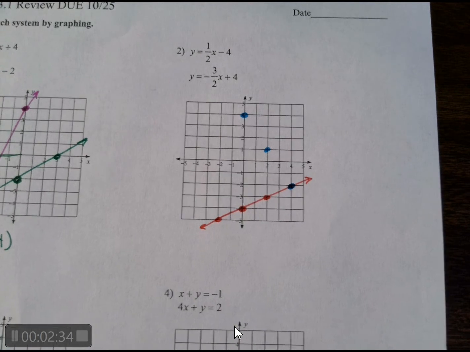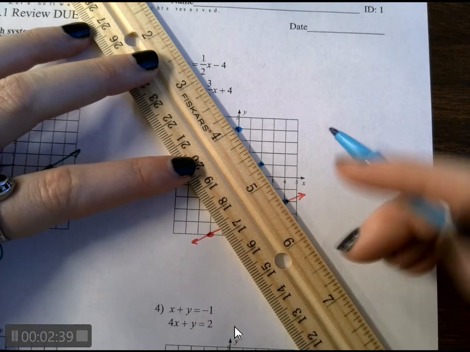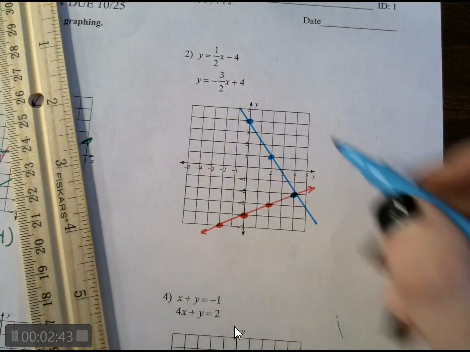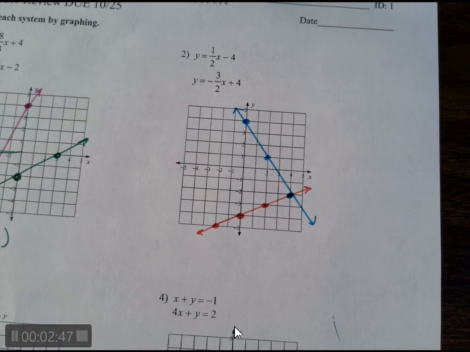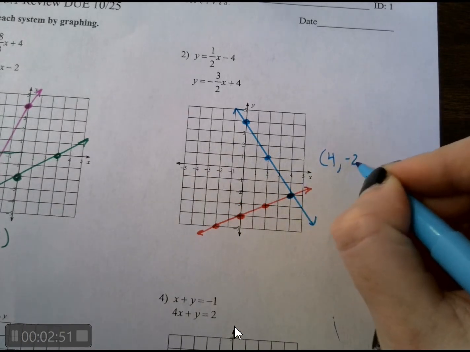And we have that point of intersection, so we can draw our line. And our point of intersection is positive 4, negative 2.